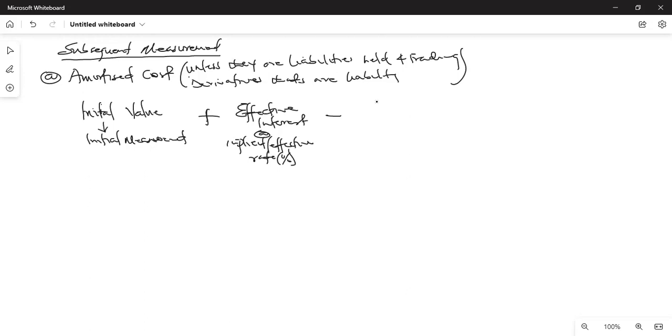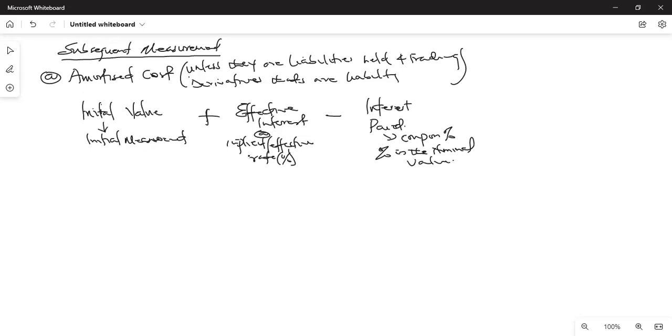Then you come here and you talk about the interest paid. And this one is actually the coupon rate, so it is the percentage on the nominal or face value.